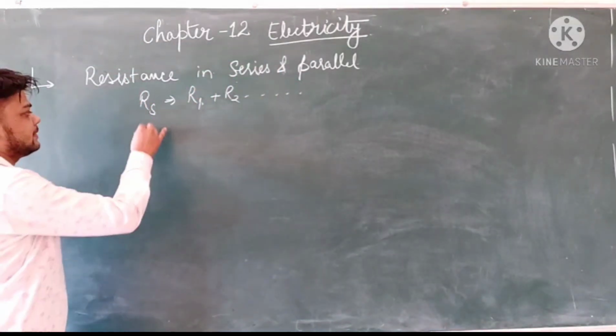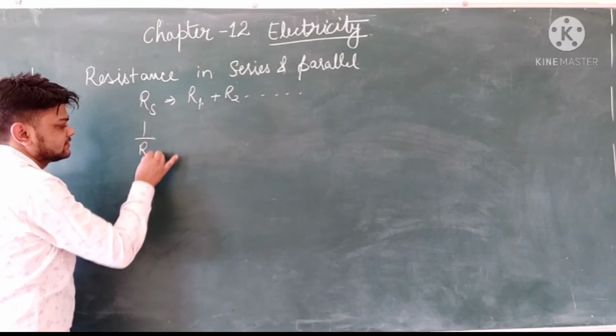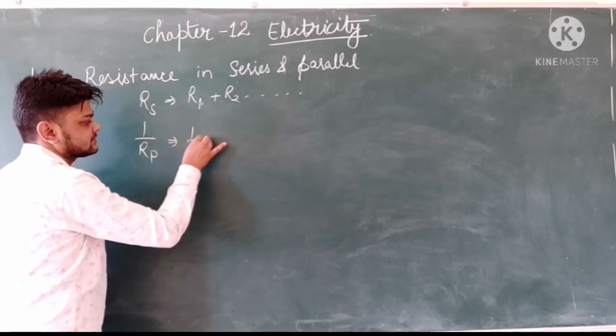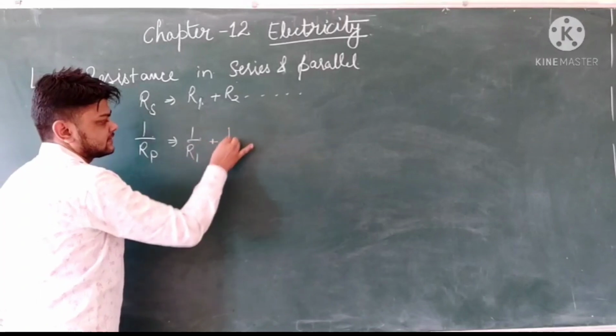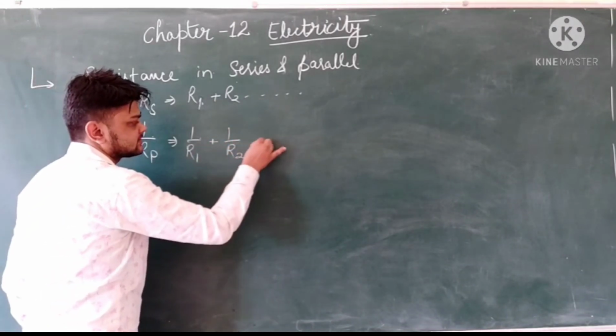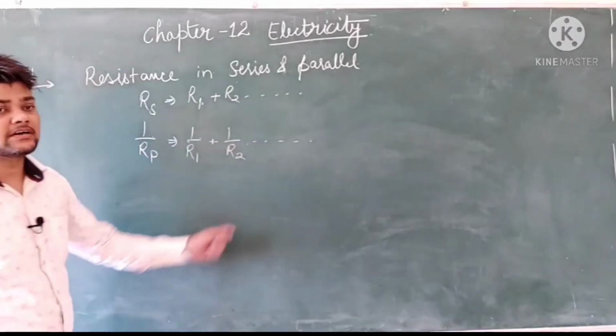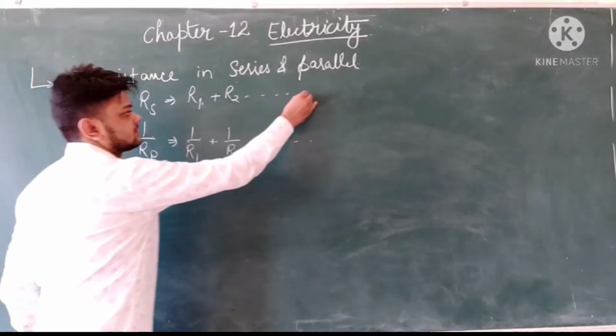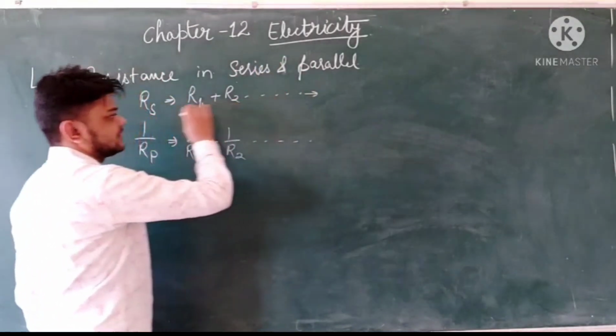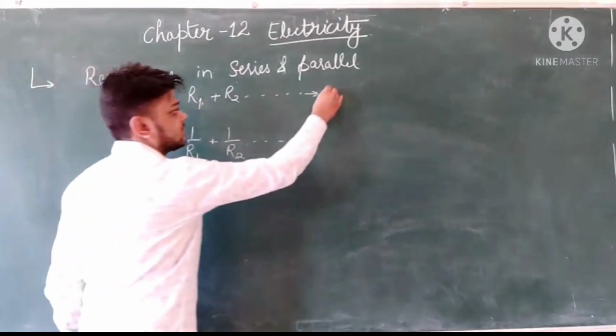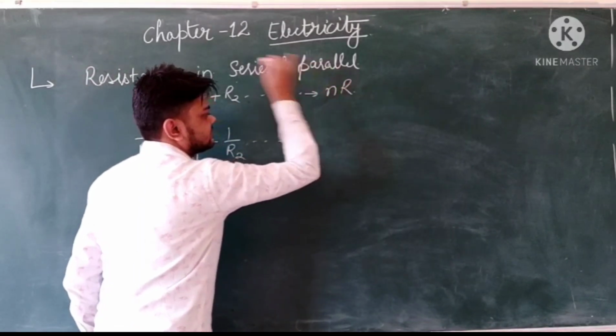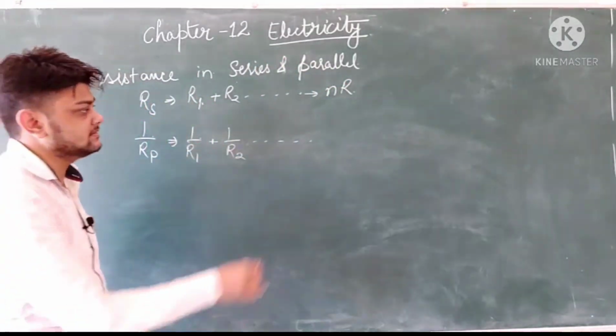If it was parallel, we calculated resistance in parallel as the reciprocal of the sum of the reciprocals of all resistances taken into account. Where all the resistances are the same, we got n times R as the total resistance in series.